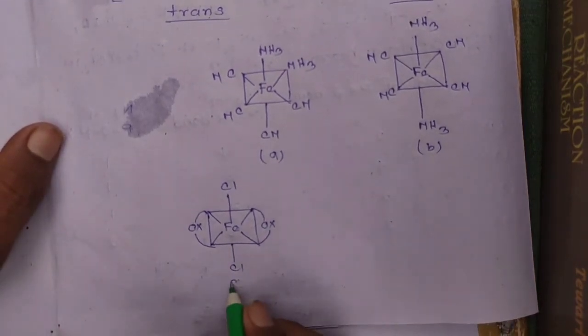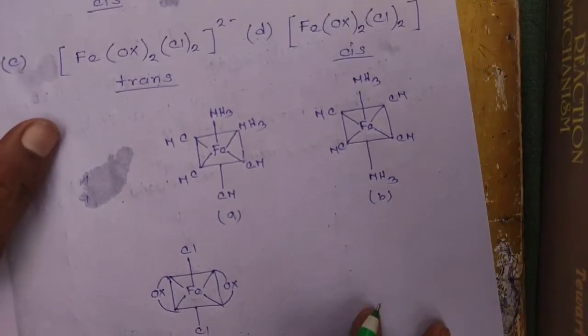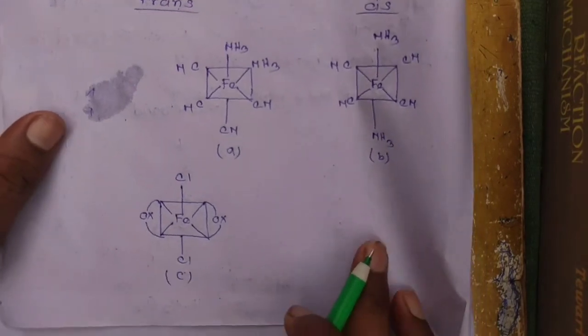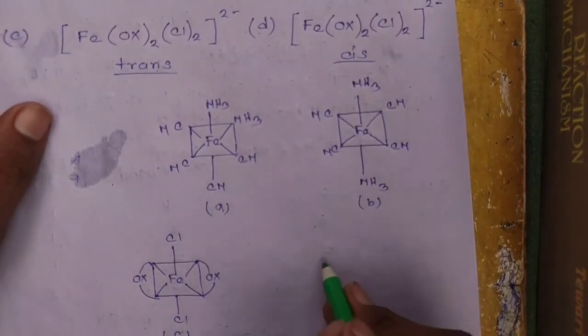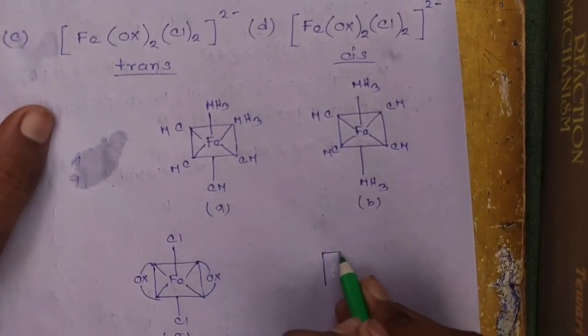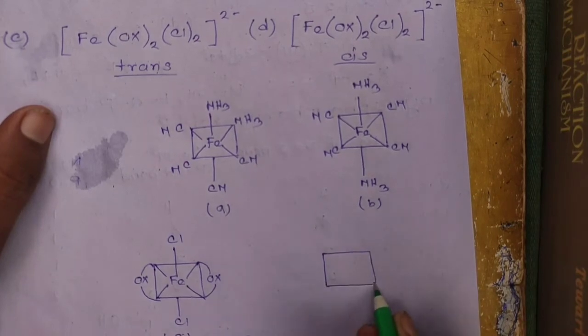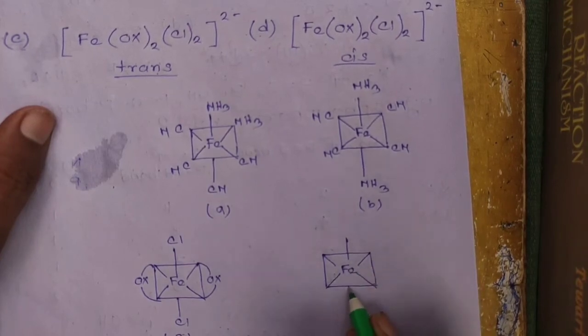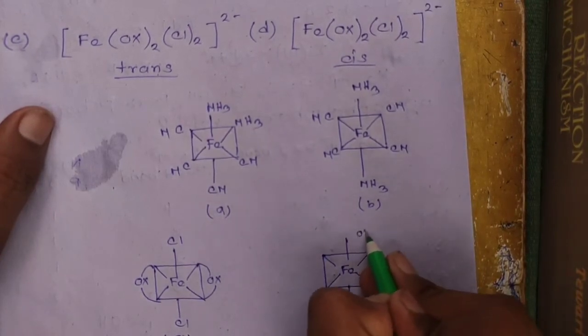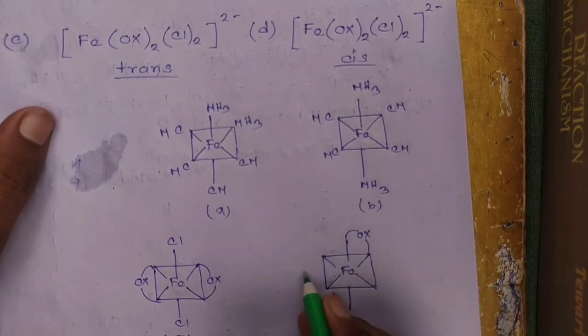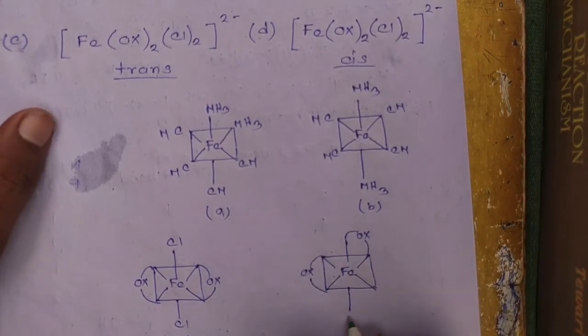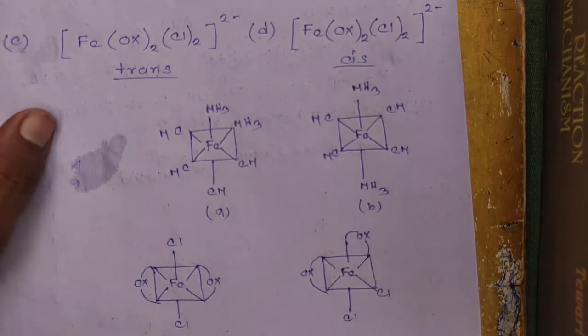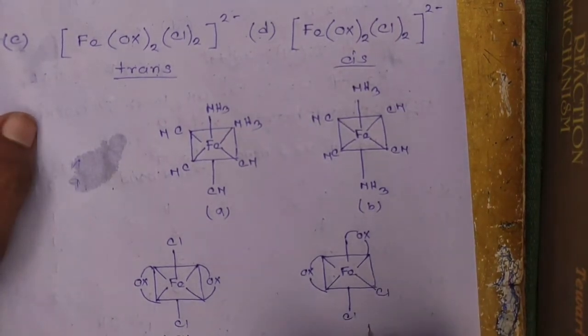So this is compound C, and option D is the cis form of this. One oxalate here, and the 2 Cl are in cis position. So this is compound D.